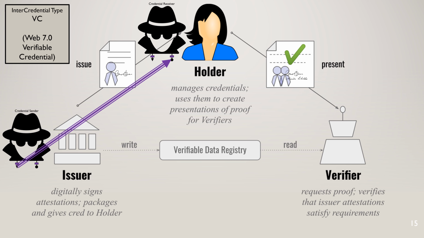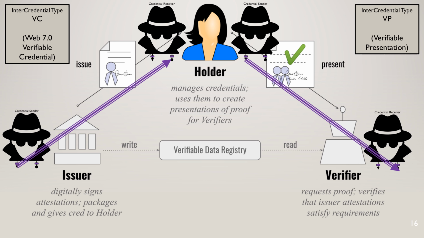Everything that we know about verifiable credential InterCredentials applies here. And we can see in the top left-hand corner, the InterCredential blood type is VC. What about the right-hand side? Here, a holder is just, again, a specialization or a derivation of a credential sender.